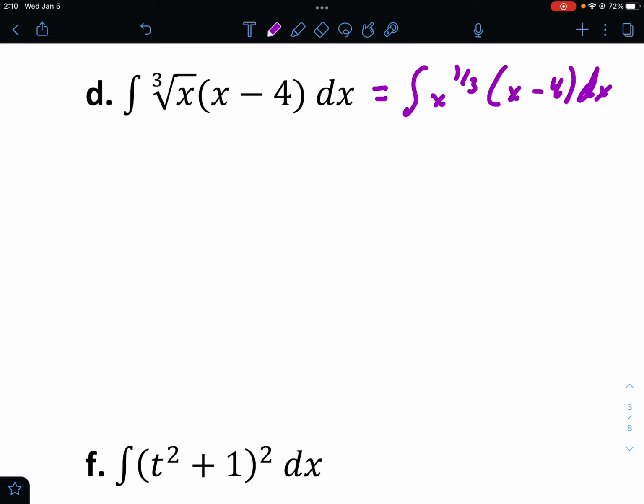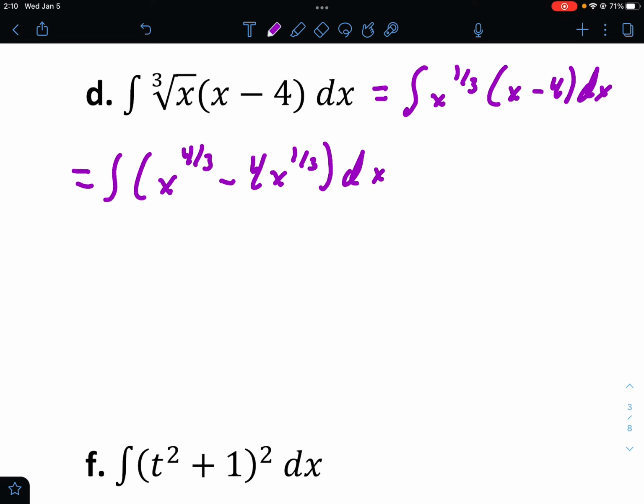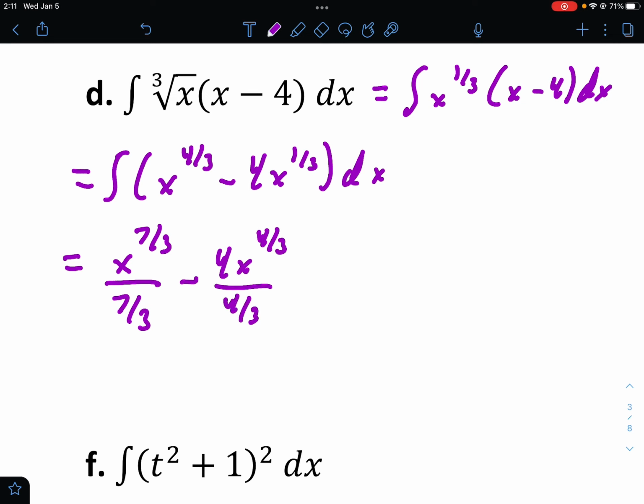And now what we can do is distribute that x to the 1/3 in. So this becomes the integral of x to the 4/3 minus 4x to the 1/3. And now we can take the antiderivative of both of these parts individually. So this would be x to the 7/3 over 7/3 minus 4x to the 4/3 over 4/3 plus c.